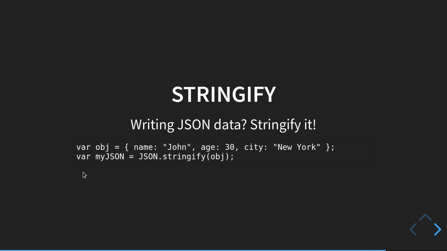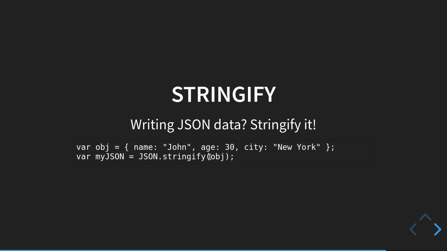Just as with reading the JSON, we also need to stringify the JSON so it actually gets saved correctly. We can do that by using the stringify function of the JSON module.